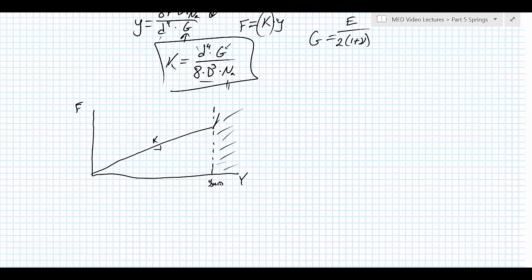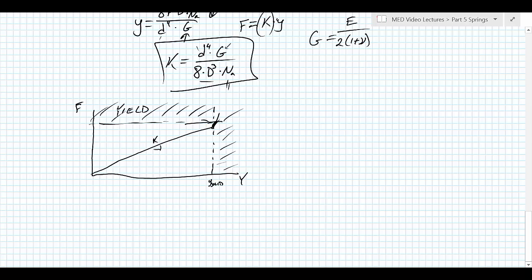Right? Now, it's also possible, we know from our failure equations, that we could put enough force on this that it's going to cause stress, and that stress is going to cause it to yield. Now, what we want to do as designers is make sure that if it yields, that point where it would yield is outside the point where it would become solid.